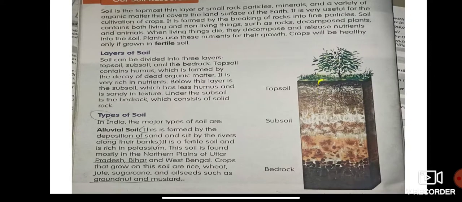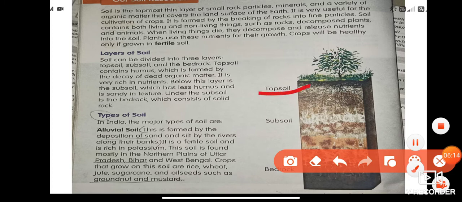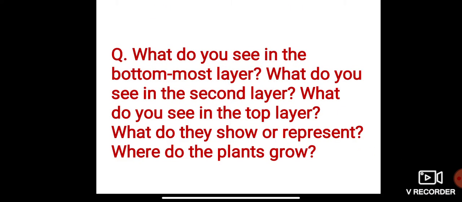Number 1, the topsoil. Number 2, subsoil. Number 3, bedrock. So the question is asking, what do you see in the bottommost layer? Bottom means the lowest point. What do you see in the second layer and in the top layer, what do they represent, and where do the plants grow?